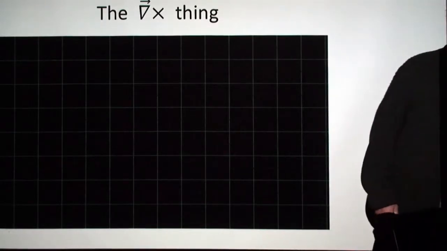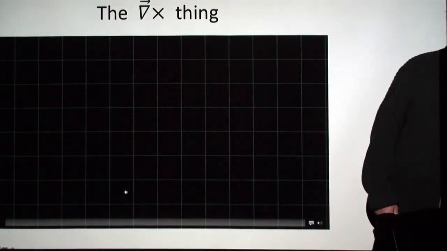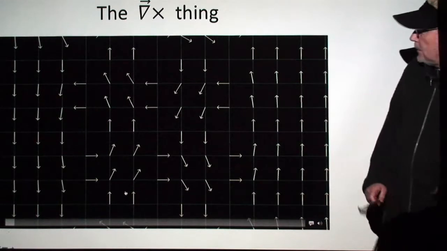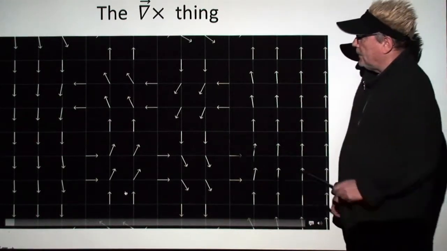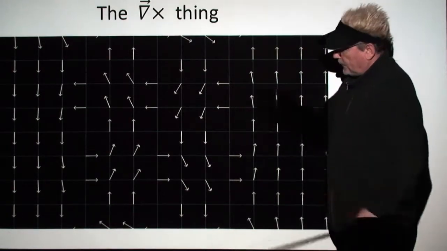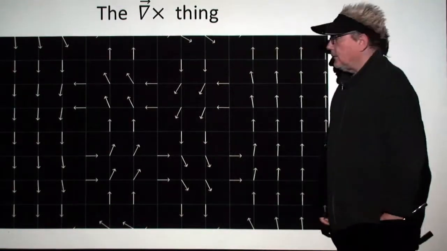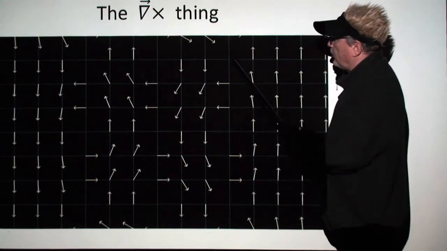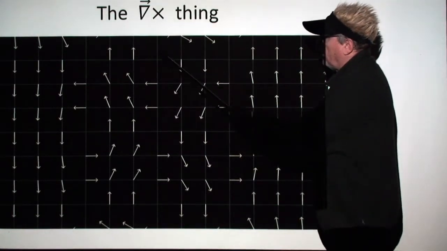Okay, let's assume we have this field here. So remember the field, it's a set of points. It's a two-dimension field, and in each point of the field you define some vectors.